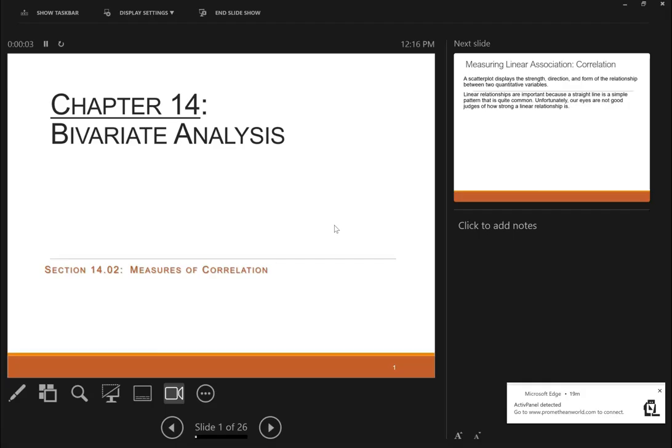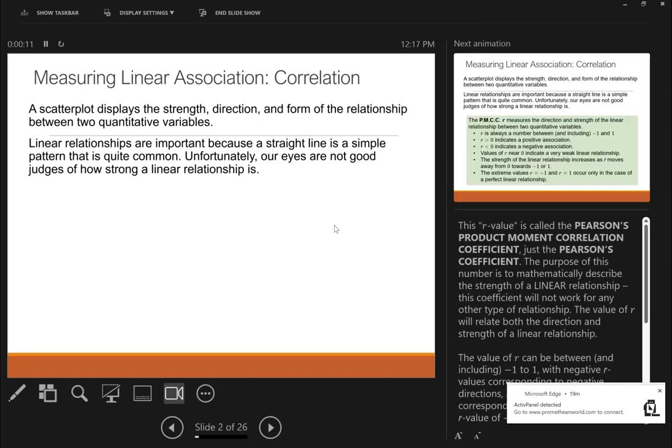Okay, section 2. We're going to talk more about correlation here and how to maybe tighten that definition up a little bit as to what we mean and how to come up with it.